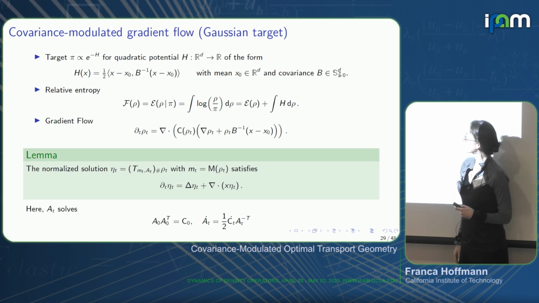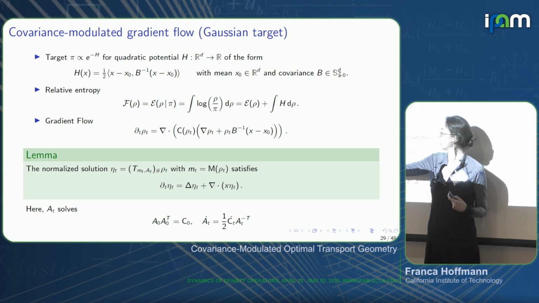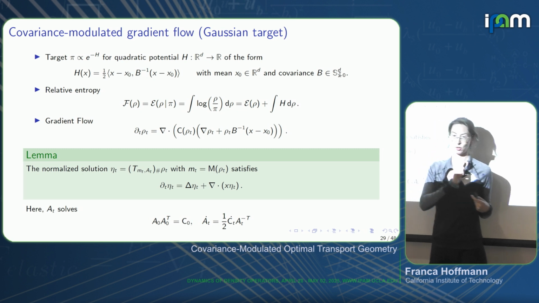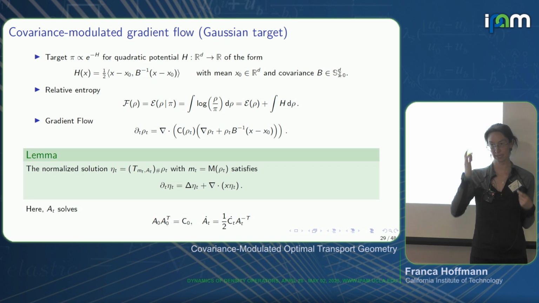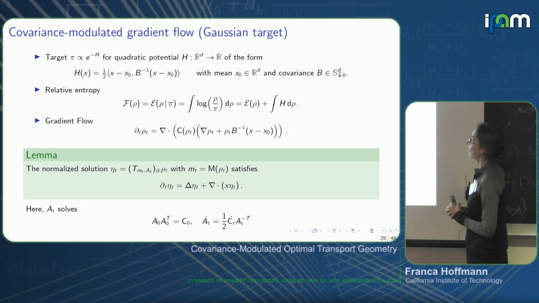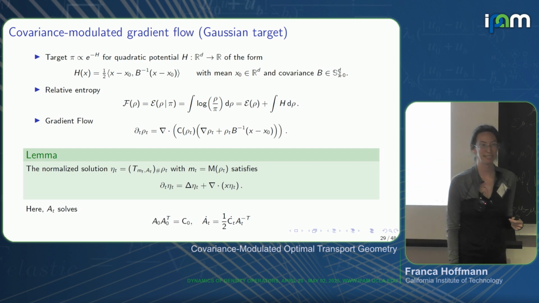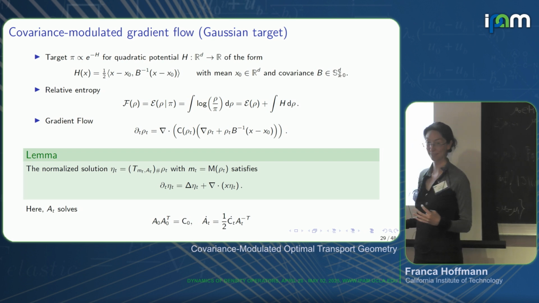If we take the solution of this PDE and normalize it, with our specific choice of A_t, which solves this ODE and gives us the nice structure, we end up with the Ornstein-Uhlenbeck process. So this just solves the vanilla Fokker-Planck, which is super nice.